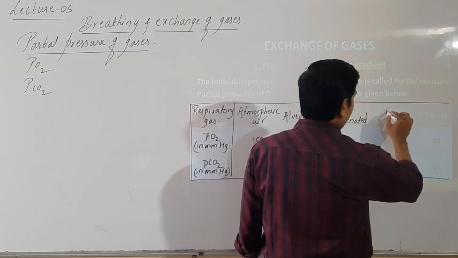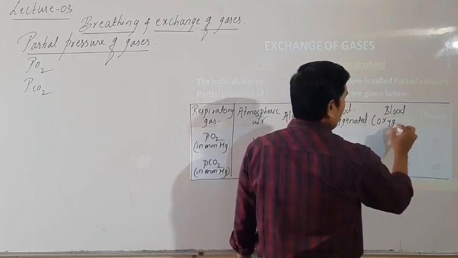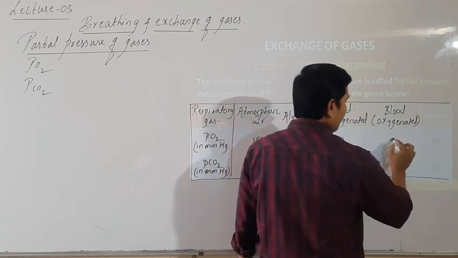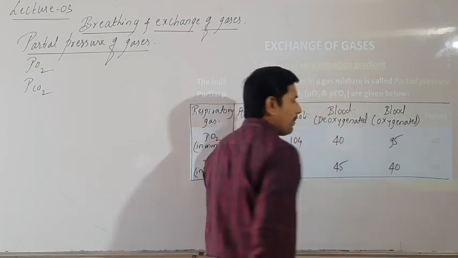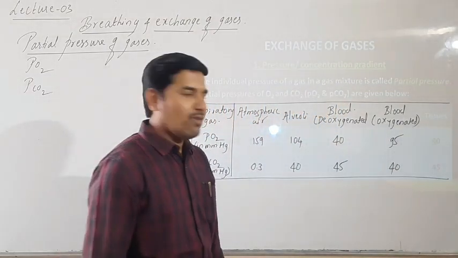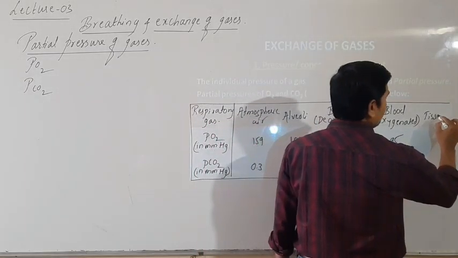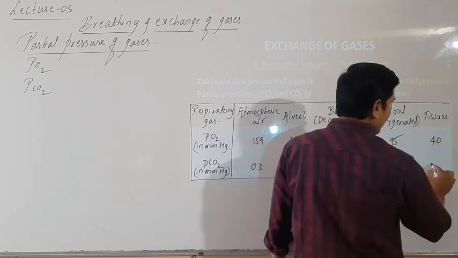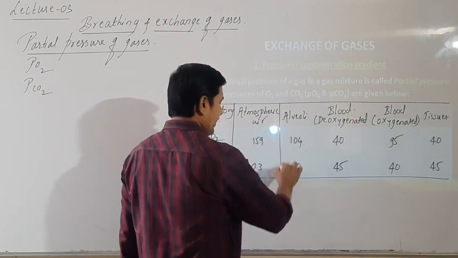Then the oxygenated blood consists of 95 mm of Hg of O2 and 40 mm of Hg of CO2. Then in the tissues, O2 is 40 and CO2 is 45 mm of Hg.